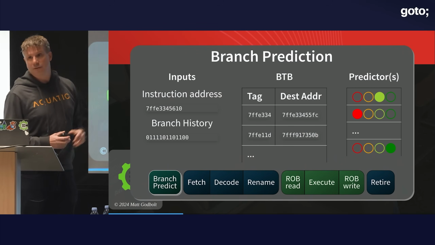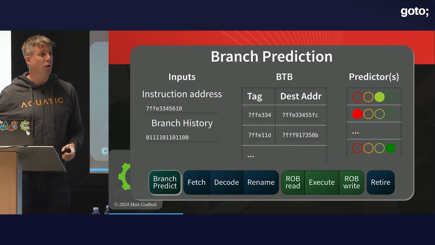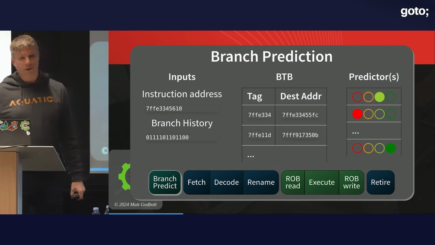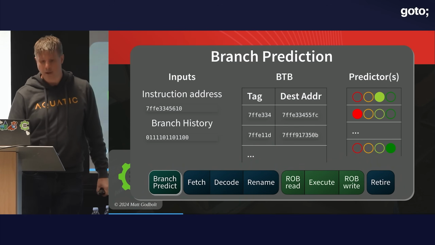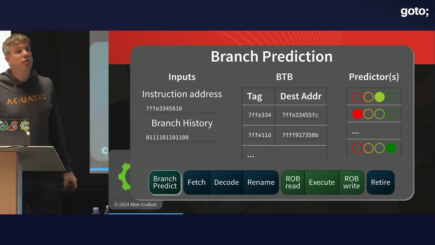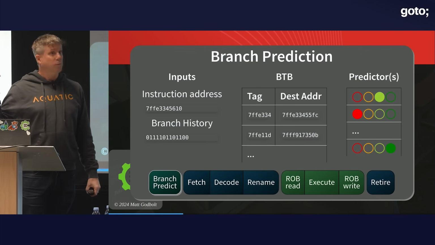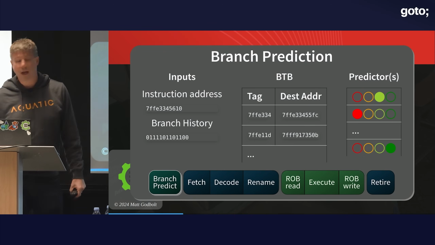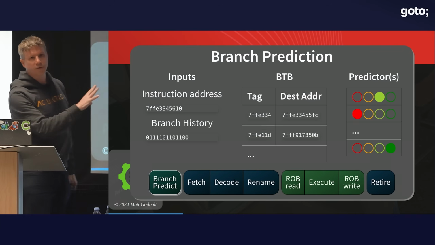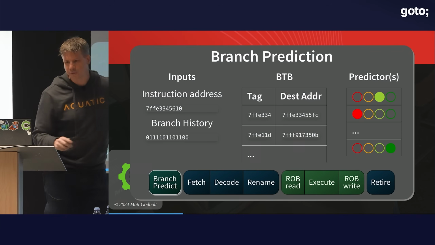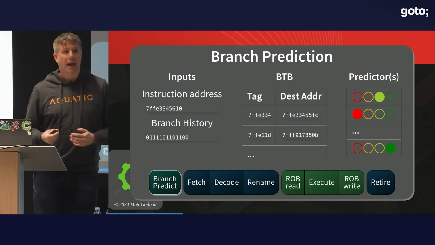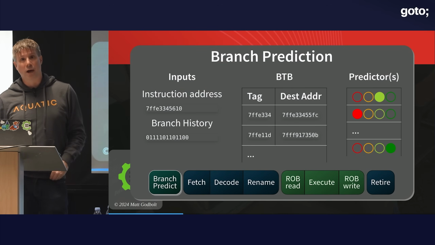And then in that predictor table, I just keep account of whether or not it was taken or not. And I have a 2-bit counter. Every time it's taken, I add 1 to that. And every time it's not taken, I subtract 1 from it. And then I just use whether or not it was taken before as the prediction for whether it's taken this time. And it works remarkably well. And there's a lot more subtlety to it. There are some agreement predictors. There are multiple levels of this kind of stuff. But broadly speaking, it's a hash lookup and a bit of history keeping track of what happened last time.